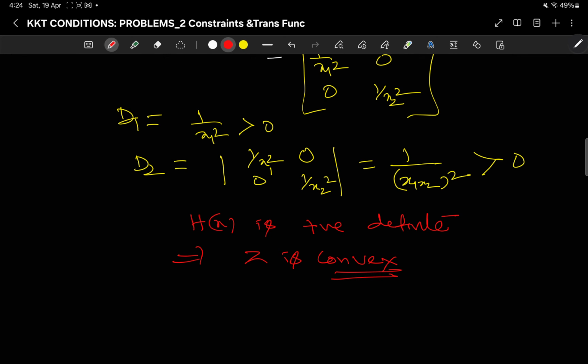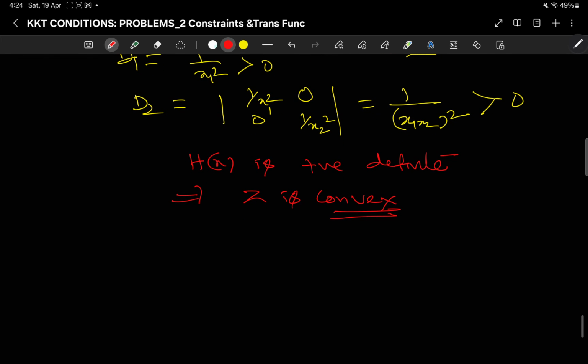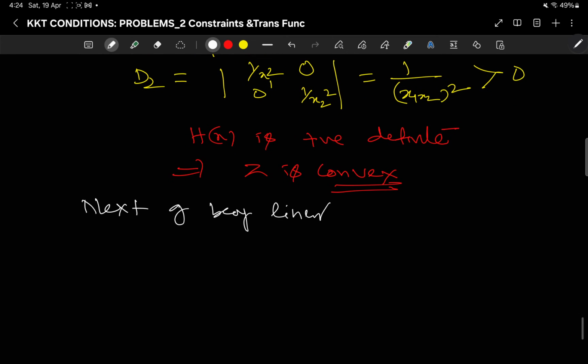Now what happens to your G? G being linear, G is x1 plus x2 less than or equal to 2. This is linear, so this is both convex and concave.